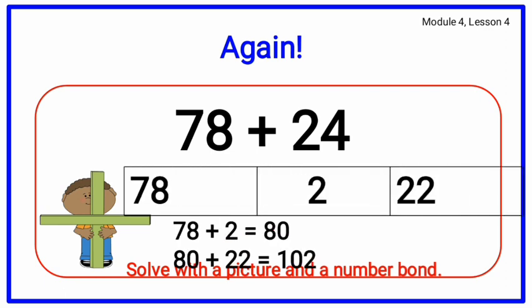You see that? 78, and the 2 in the middle is a 2 I pulled away from 24. And of course, I've taken 2 out of 24, so I have 22 left. 78 plus 2 is 80. 80 plus 22. Yeah, that is 102. Do you understand this strategy?